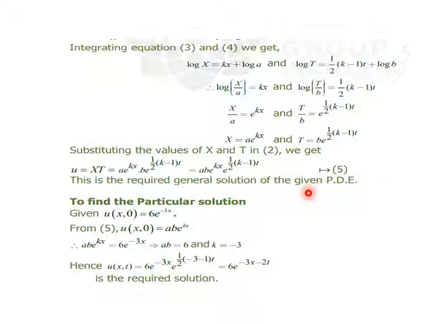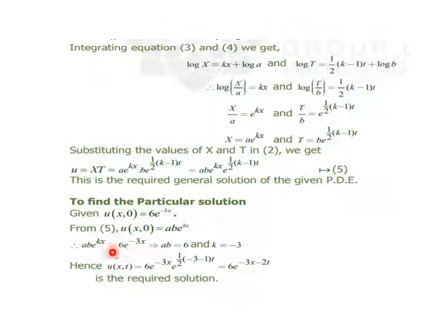Now for finding the values of the unknown constants, what we use is u of x comma 0 is 6 e power minus 3x, that is when t equal to 0. So in this I will put t equal to 0, so e power 0 is 1, and u is 6 e power minus 3x, so 6 e power minus 3x will be equal to ab e power kx.